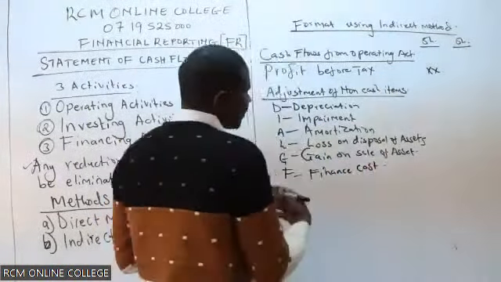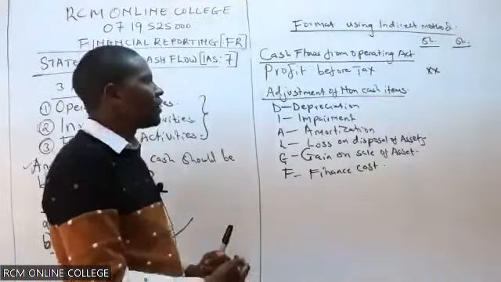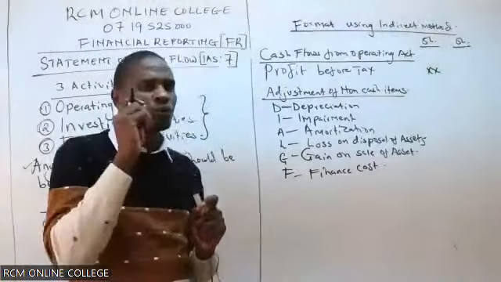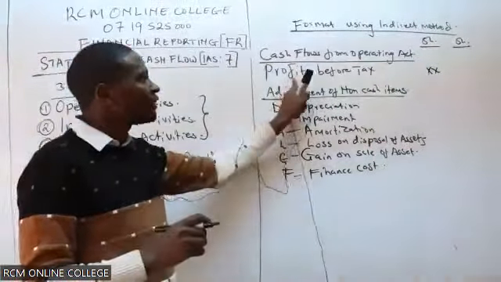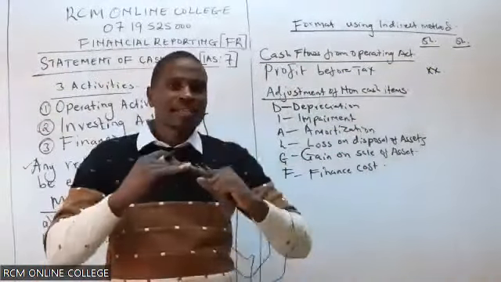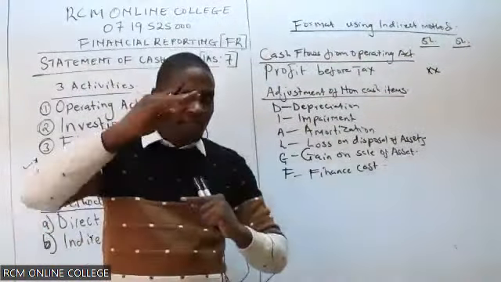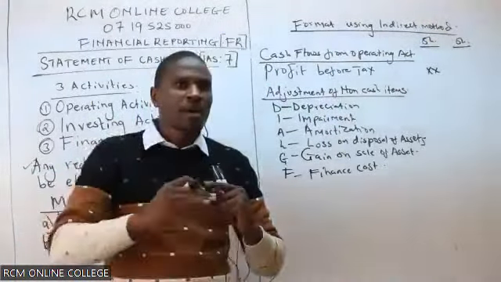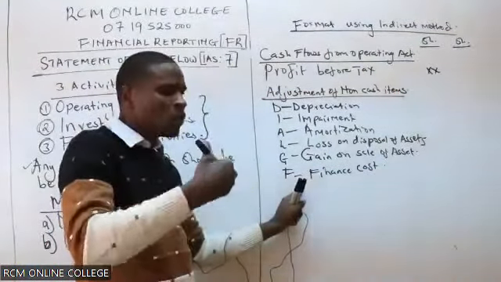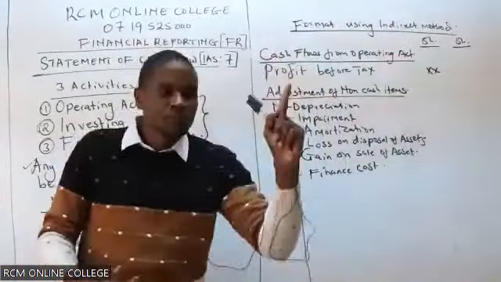Of course, we have other items that will come in. Therefore, in this case, I want you to note something. We are adjusting the profit before tax. When I stand in my income statement, where I have the profit before tax, at the top I have an item like finance cost. Can you tell me what happened to finance cost for me to arrive at the profit before tax? Did we subtract or did we add?